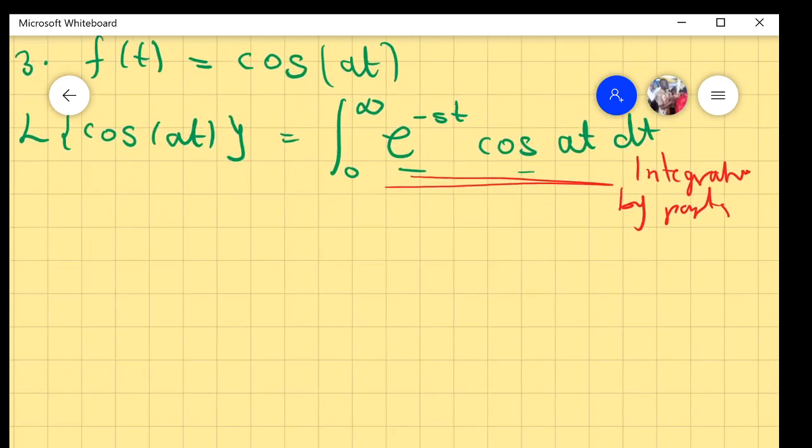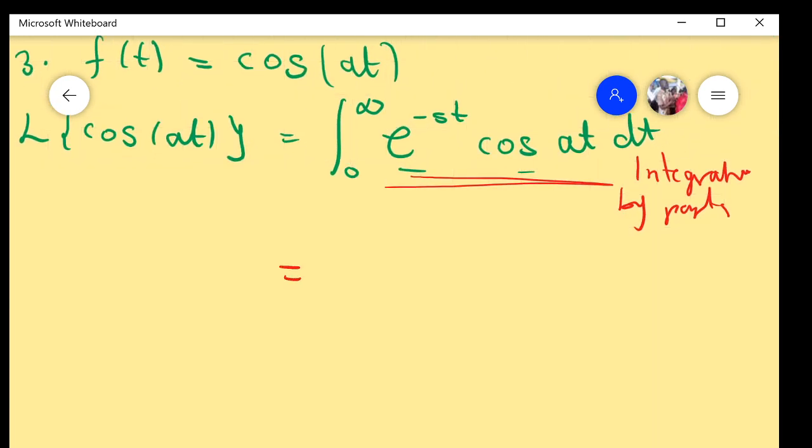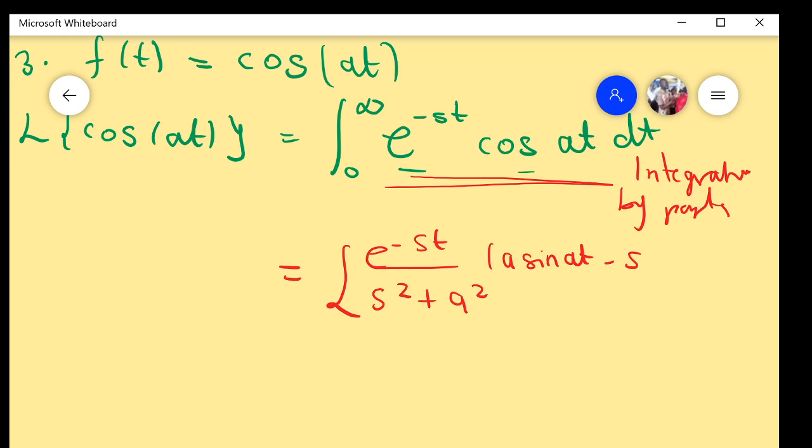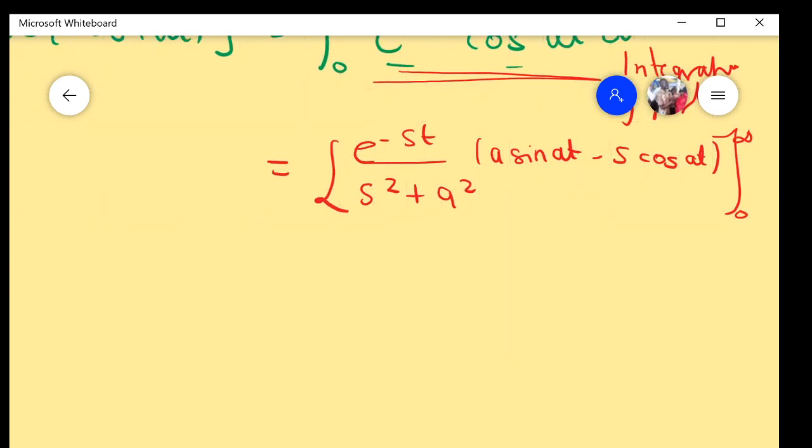So if you use integration by parts, which I'm not going to do here because we've already done that, then we are going to get e exponent minus st over s squared plus a squared into brackets a sine at minus s cos at, from 0 to infinity.